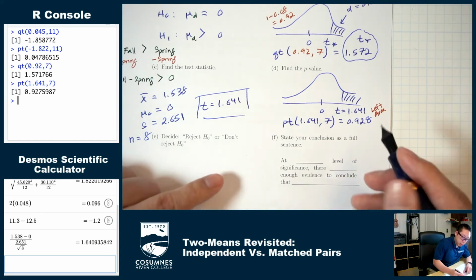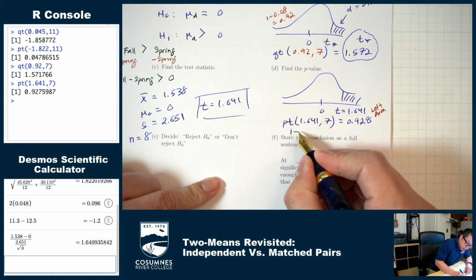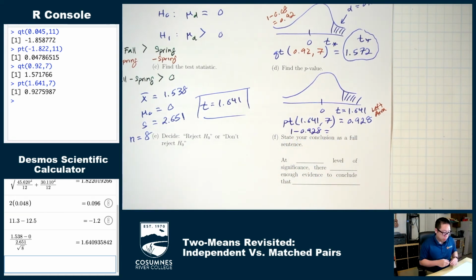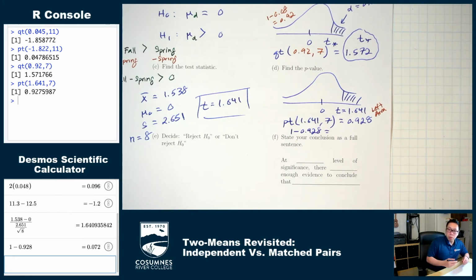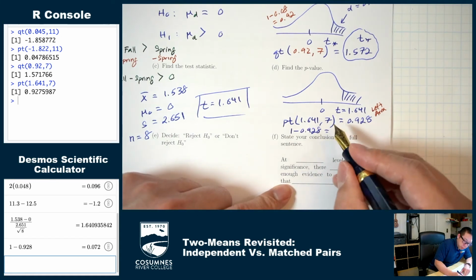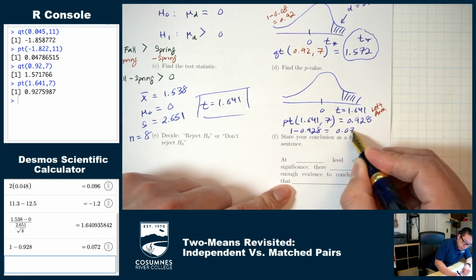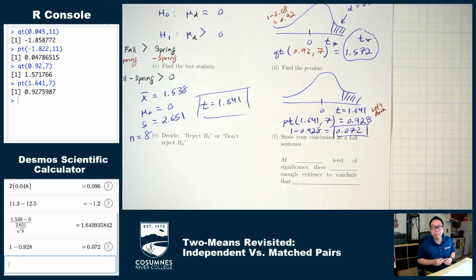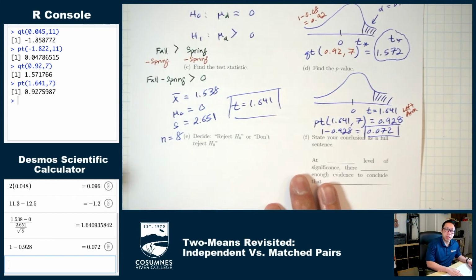So 1 minus 0.928 is 0.072. That looks more correct.